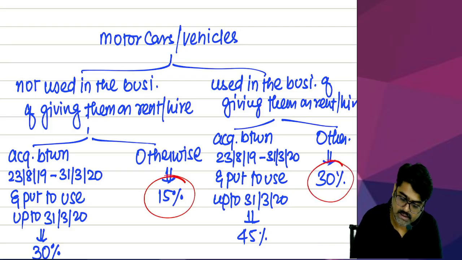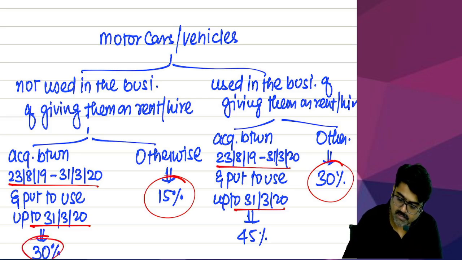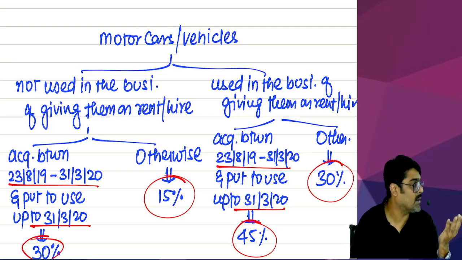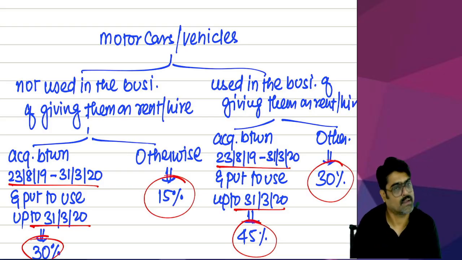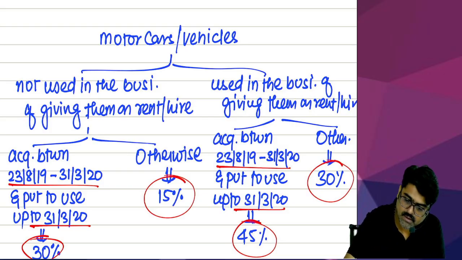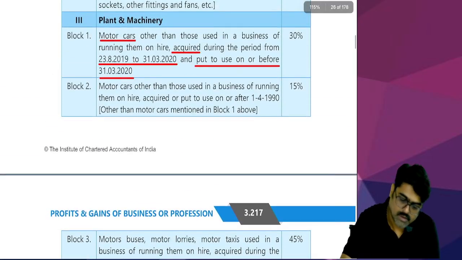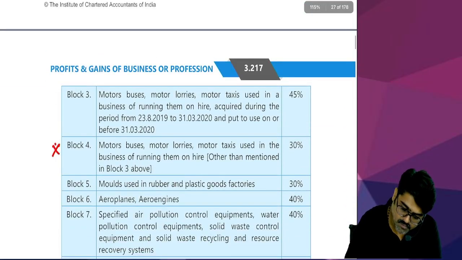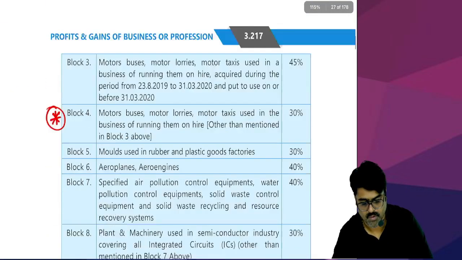If these dates are specifically mentioned, then 15 will become 30 and 30 will become 45. Understood? Should I move ahead? So, remember block number 2 and block number 4. Important, block number 2 and block number 4.